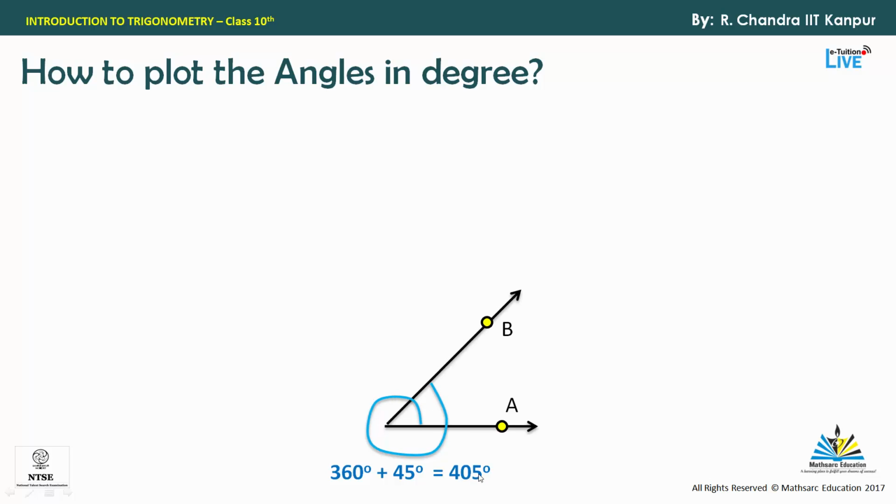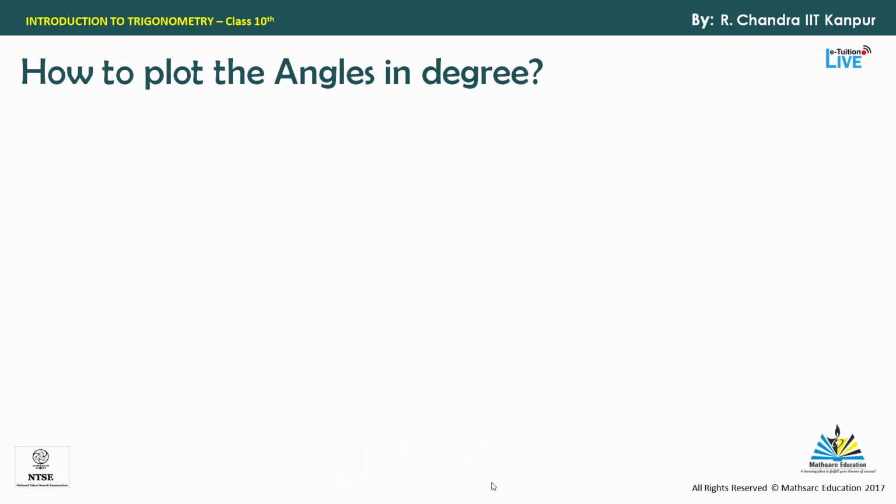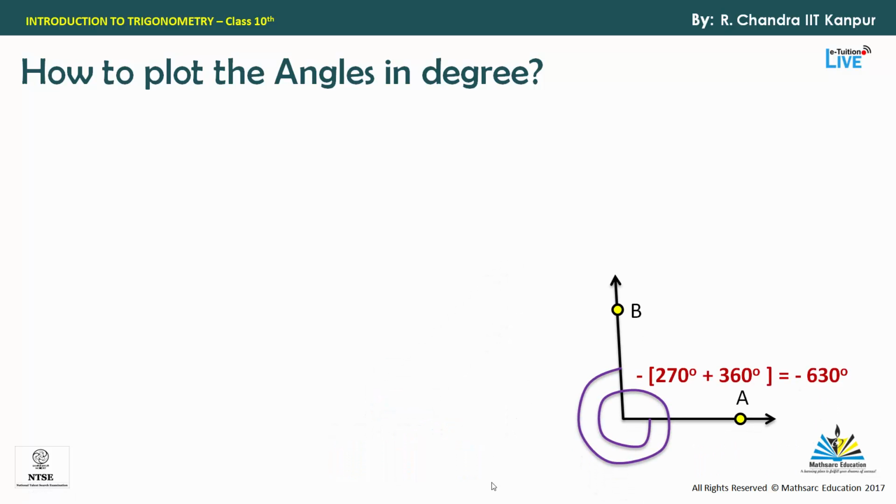So this is representing the 405 degree angle. Here we have a minus 630 degree angle, and how is it? It is 360 plus 270 and the minus sign is there. So it shows the clockwise rotation, not anti-clockwise. Let's have a look at all these angles.